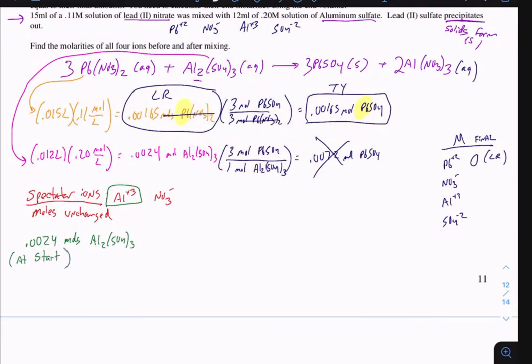Okay? Everybody okay with where I got that from? All right. I'm going to just stoich this out to solve literally for the moles of aluminum. In 1 mole of the aluminum sulfate, you should recognize that there are 2 moles of aluminum within. Okay, so what that means is individually there was 0.0048 moles of aluminum ion.